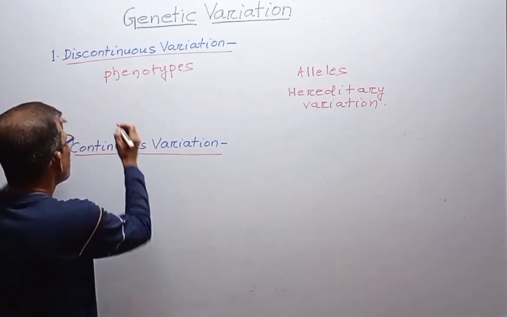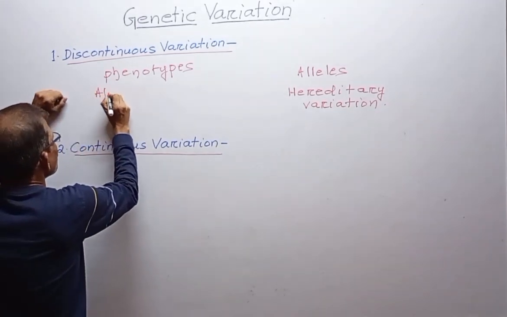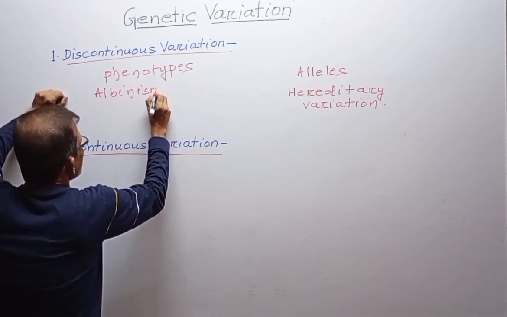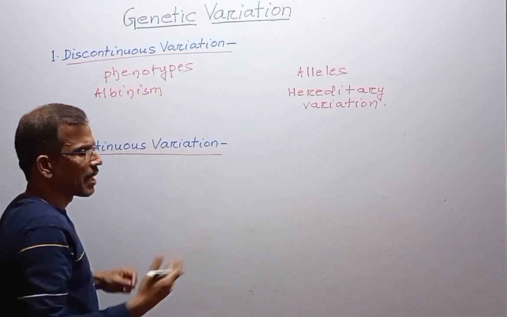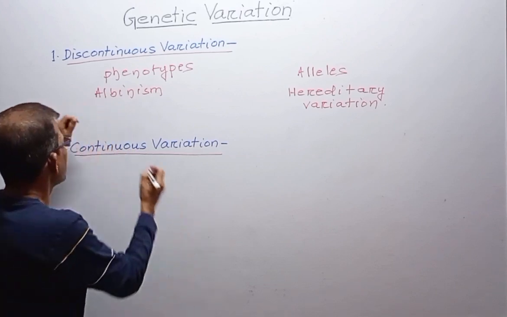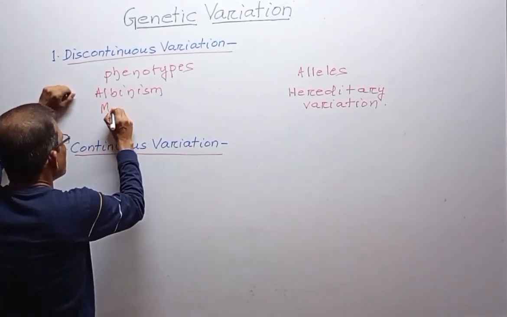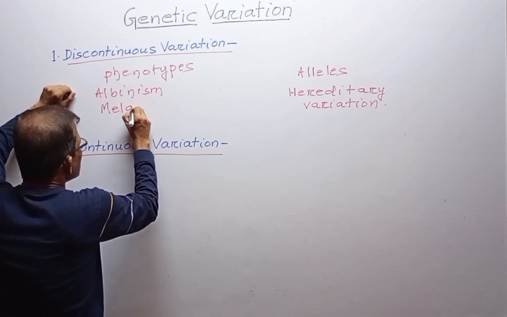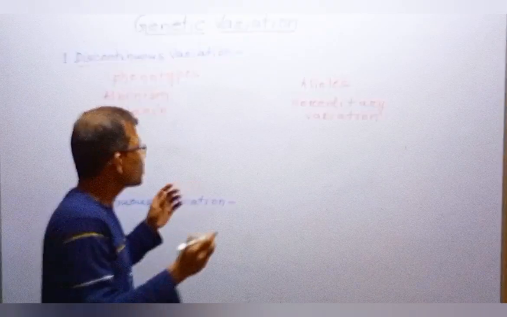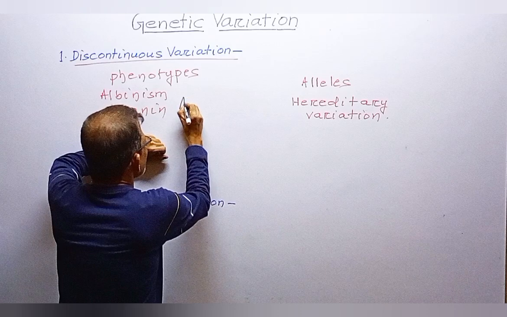Another good example is albinism in humans. In most people, the cells of the skin can make a dark brown or black pigment called melanin, which gives our skin its color. Albinos are rare.